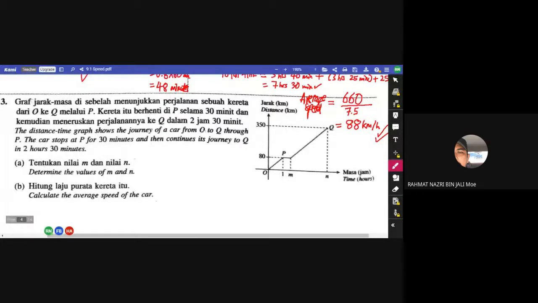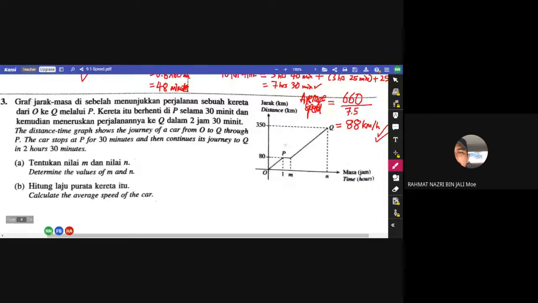The journey from O to Q, through the city P. The car stopped at P for 30 minutes.